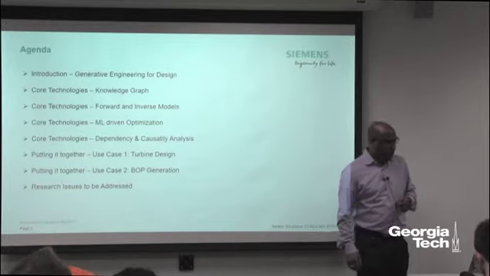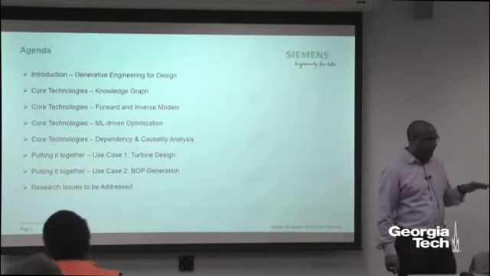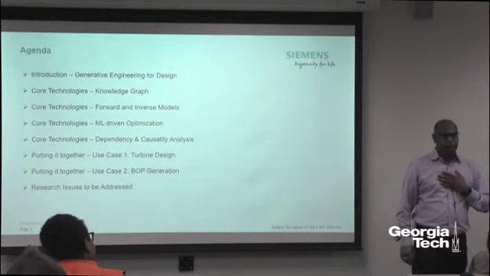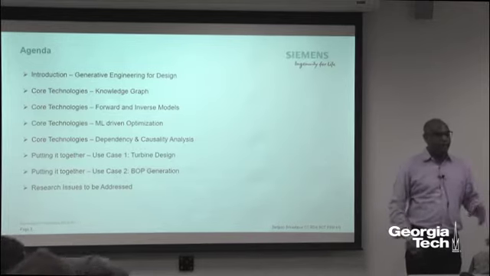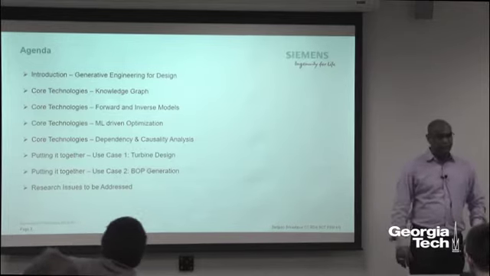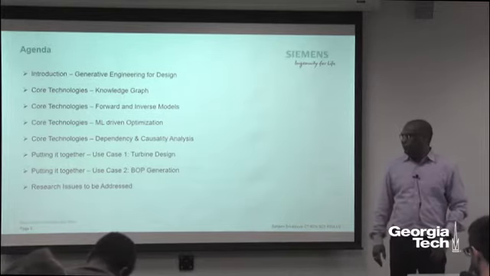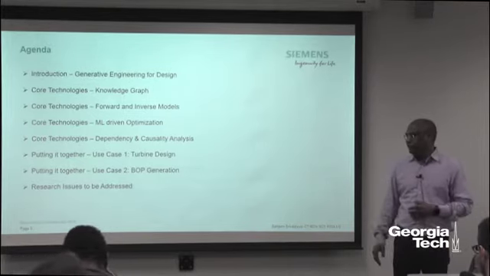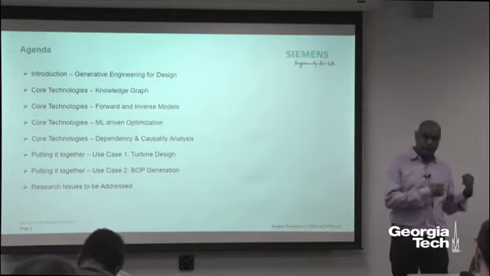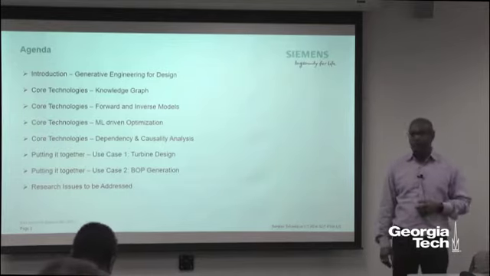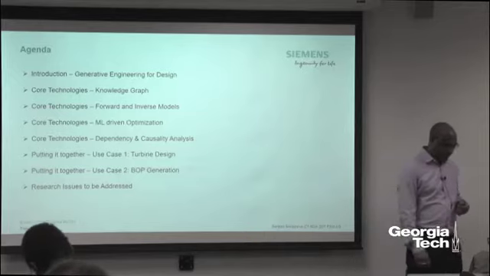And finally, I want to put in a slide various research issues which, from Siemens' point of view, still need to be addressed. That's why, folks over here, it will be good if you can take on those topics and address those issues, so that we can then take those algorithms or methods you develop into commercial software.